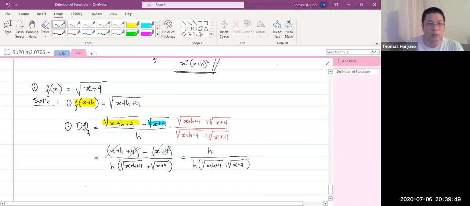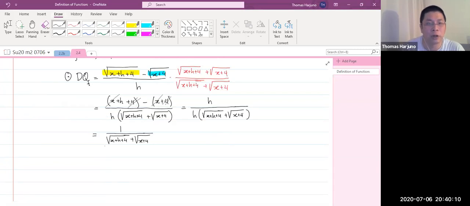Okay, finally I will get 1 over square root of x plus h plus 4 plus square root of x plus 4. And we can see when h equals 0, I will have 1 over something, so I can stop here.